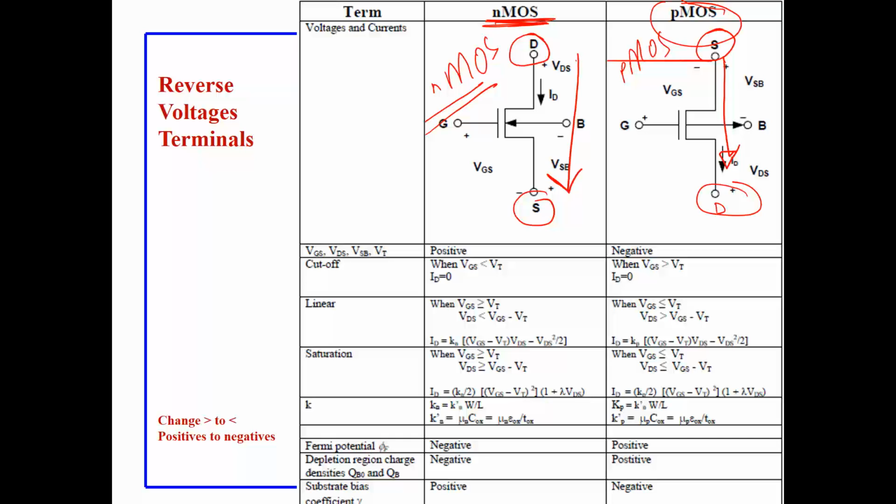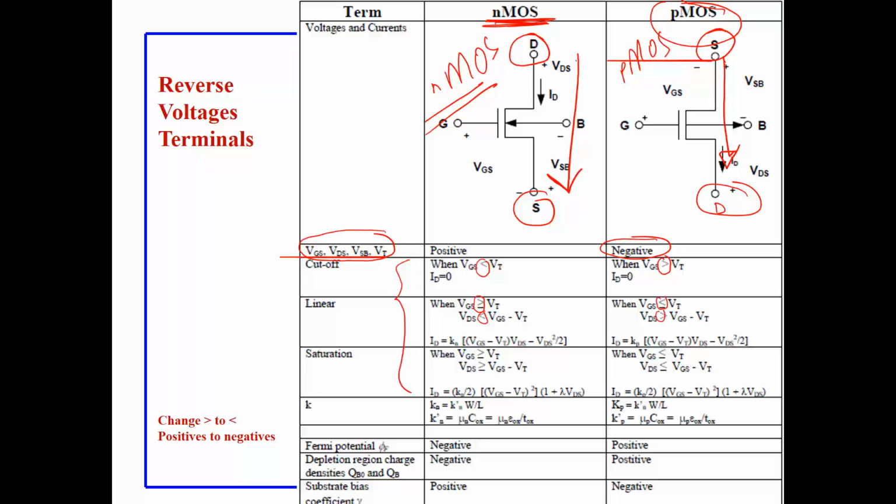Now, the other change that you will notice when you address the PMOS device is that while the voltages that we computed are positive for the NMOS, you will see that those voltages are negative for the PMOS. So positive for the NMOS, negative for the PMOS. Another thing, we will reuse the same equation with one simple difference. Anything less than in the NMOS will be greater than for the PMOS, and anything greater than will be less than.